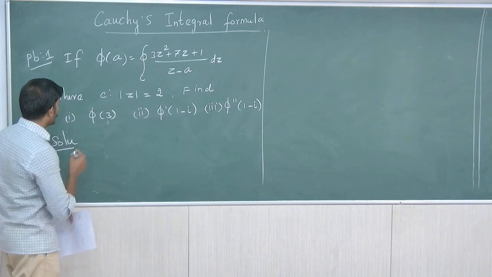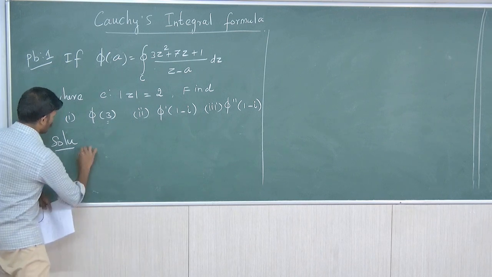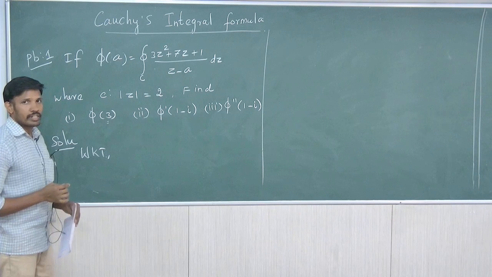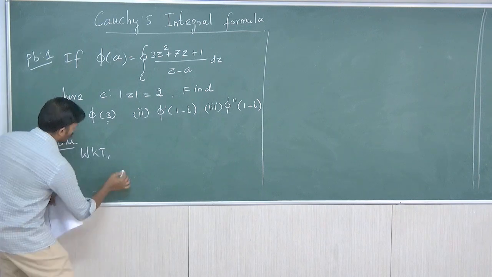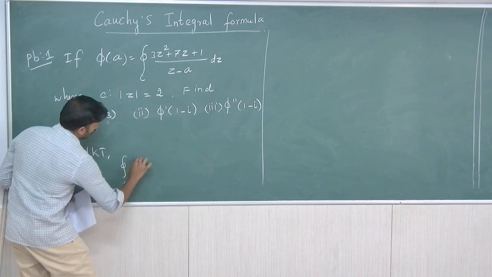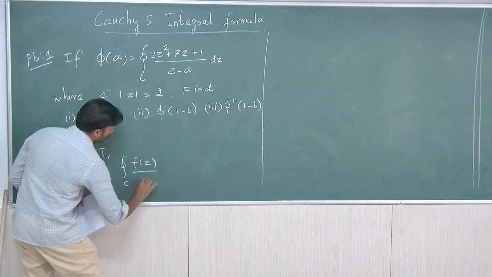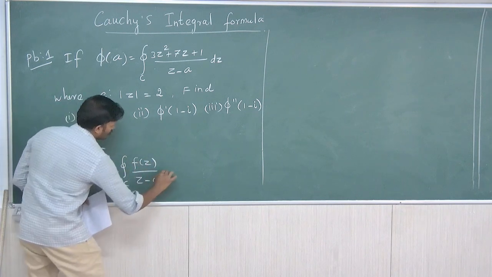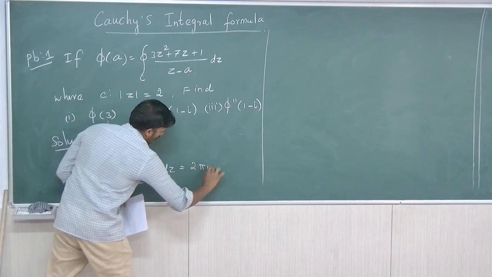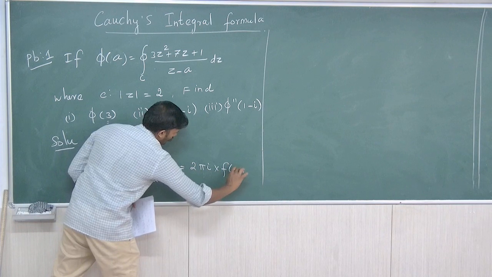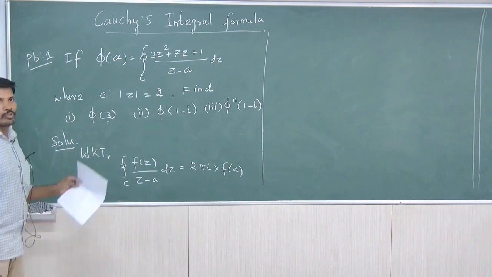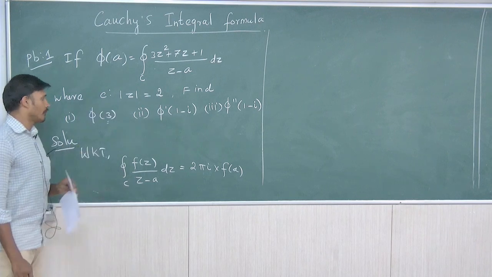By using Cauchy's integral formula, we know that the integral over C of f of z divided by (z − a) dz equals 2 pi i times f of a. This is the statement of Cauchy's integral formula.